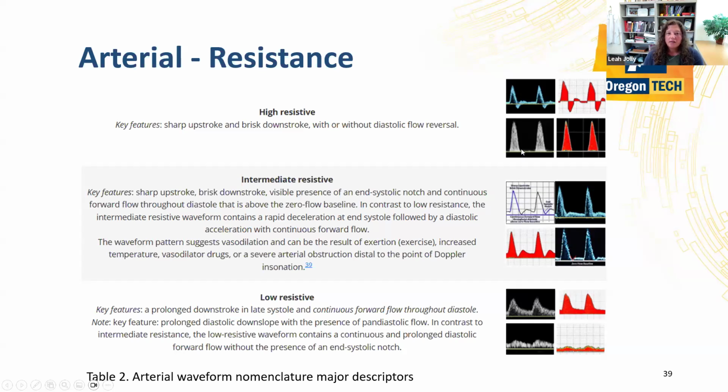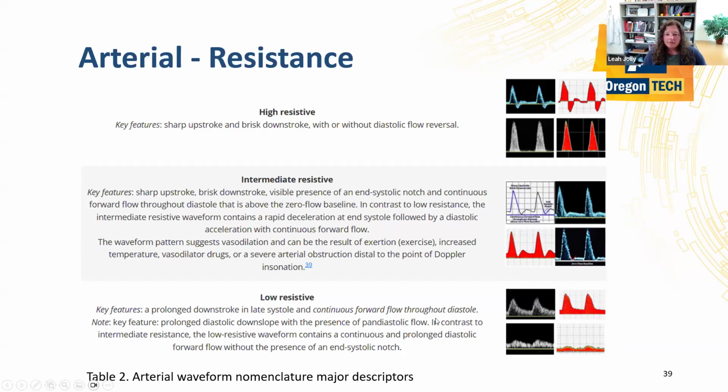So this is still high resistive flow because there is something that is fighting back against the flow going through there. Intermediate resistive is the next step where it's not really crossing the baseline. There's diastolic flow, but it's not a whole lot of diastolic flow. This is normal in some vessels, such as a fasting superior mesenteric artery. We might see intermediate resistive flow.